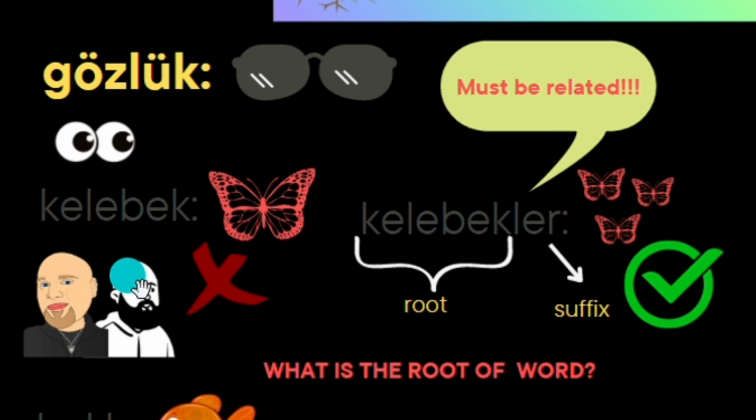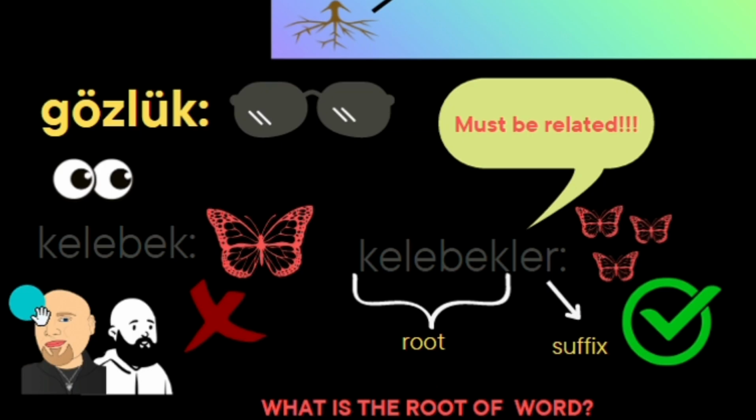Kel means bald. Is there any relation between not hair and butterfly? No. So kel isn't our root. It isn't kök. Okay? But kelebek is our root.